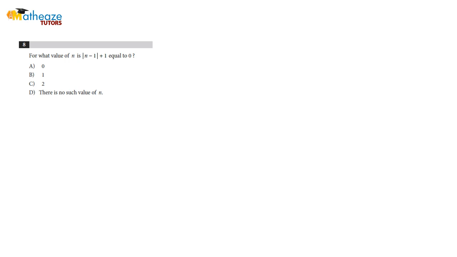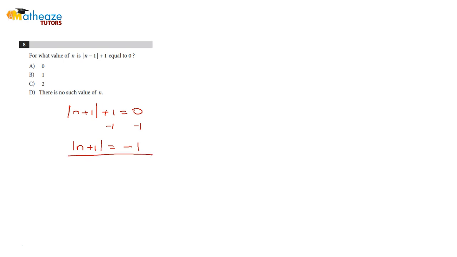For what value of n is the absolute value of n plus 1 equal to 0? So we subtract 1 from both sides. So the absolute value of n plus 1 is equal to -1. Is there a value? Is this ever true? That's the first question.